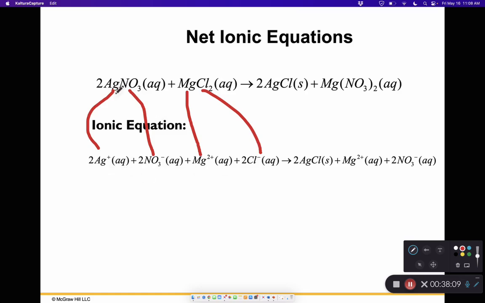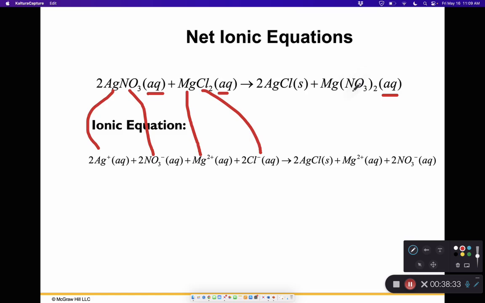Silver always has a +1 charge. Magnesium is from group 2, so we have a 2+ charge. We know that. Now, we have here silver chloride and we have magnesium nitrate. Again, all these things in the aqueous form are solvated, surrounded by water in the solution.